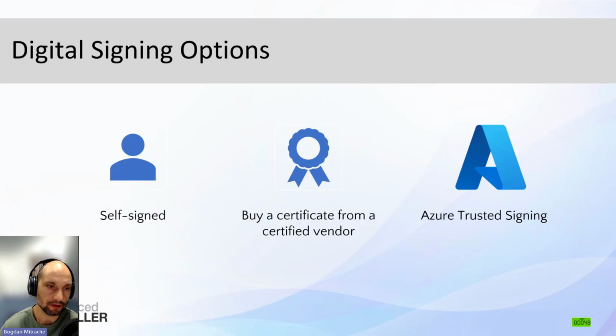The obvious option, and the simplest and free one, is to generate a self-signed certificate and use that for testing your packages, or even for deploying those packages internally in your company after you register that certificate on the end user machine and add it as a trusted certificate. Some companies choose to use a certificate bought from a certified vendor, which is recognized automatically by the operating system, and there's no need to manage that certificate on a machine, but it requires a different level of certificate management when it comes to security.